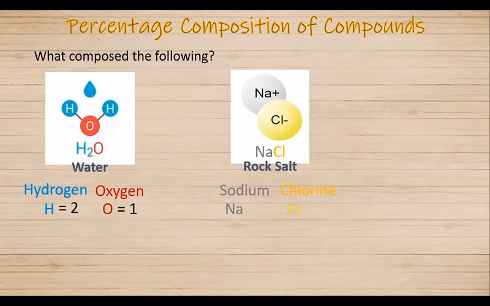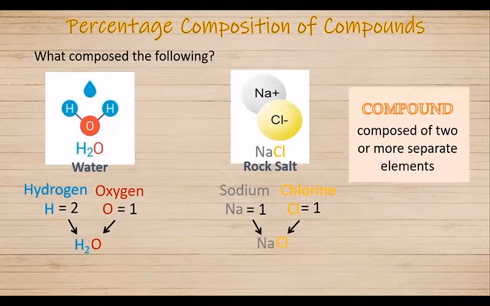We will notice on the chemical formula of rock salt that the symbols don't have subscript, which means that both of these elements are consisting of only one atom. Once the given elements of water and rock salt combine, compounds are formed. Thus, compound means combination of two or more elements since it is composed of two or more separate elements.